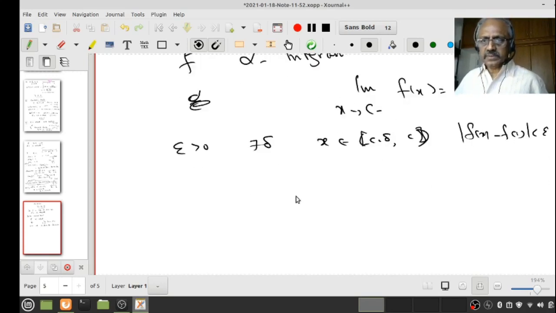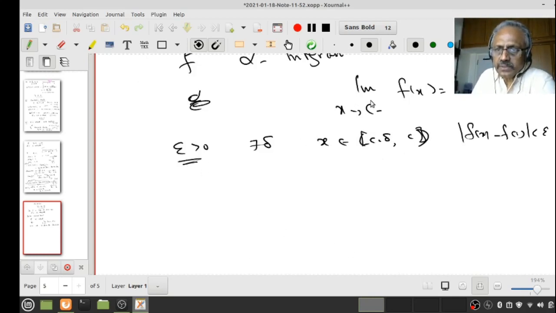Okay, good. Now let us go back. So what do you think I will do? Since you give me epsilon to check left continuity of f at C, and I know f is alpha integrable, therefore I can use the Riemann criterion. What does the Riemann criterion say?